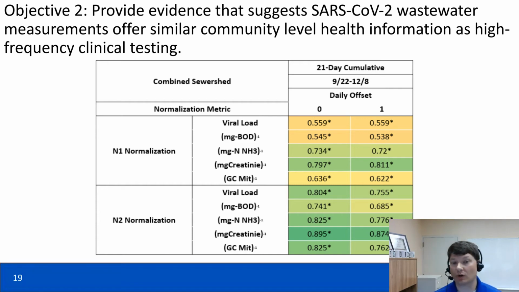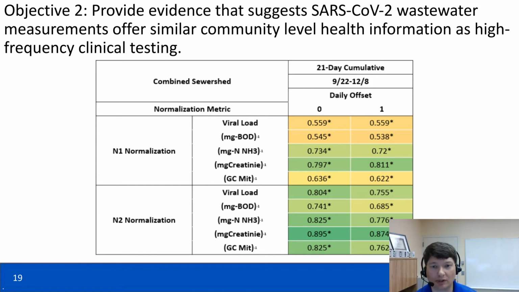And so across the board, you saw our correlations improve. So we saw much stronger correlations with our SARS-CoV-2 wastewater concentrations versus that case data, for both N1 and N2, and again, across all of these biomarkers that we used. But again, we're still seeing stronger correlations with our human-specific creatinine and mitochondria.